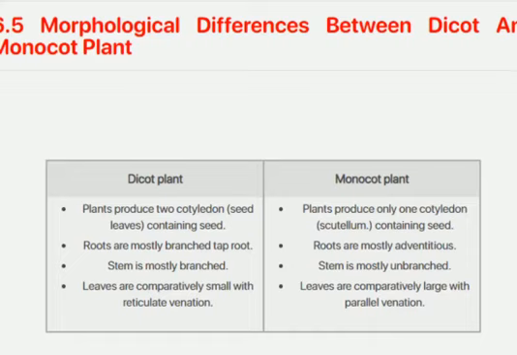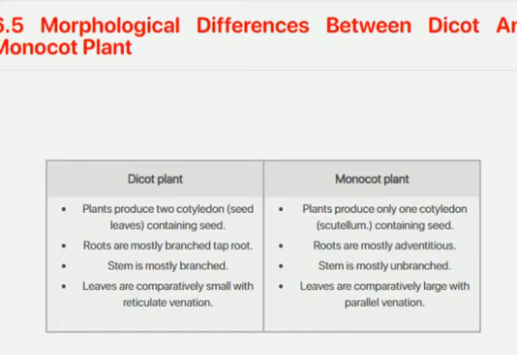So first I have to explain the dicot plant. What is a dicot plant? A dicot plant is the plant in which the seed contains two cotyledons, means seed having two seed leaves.